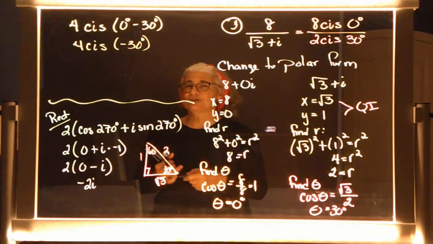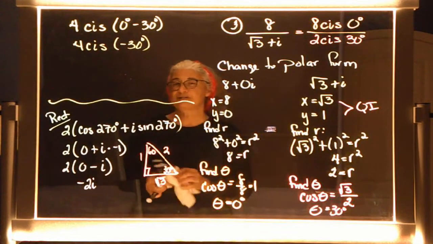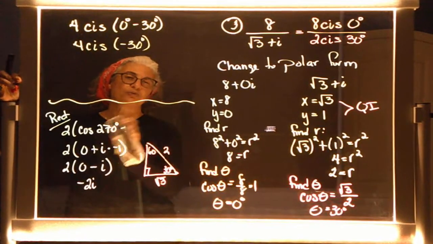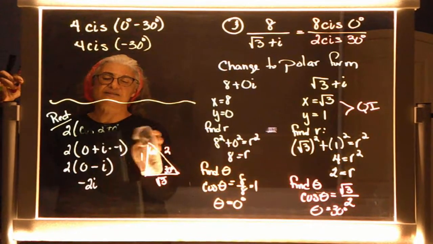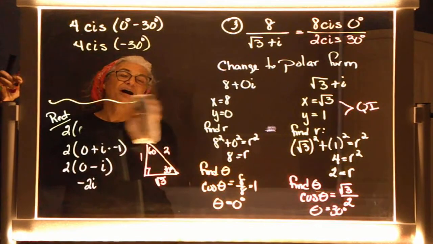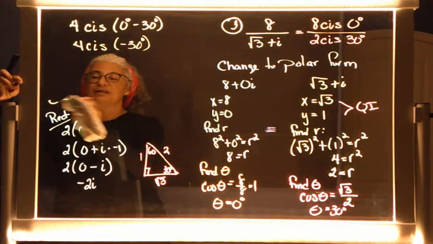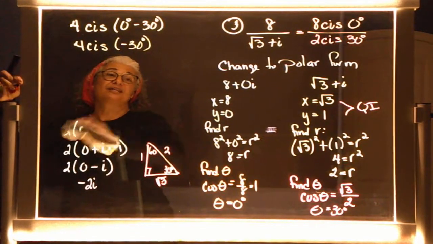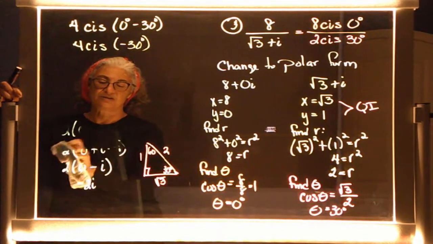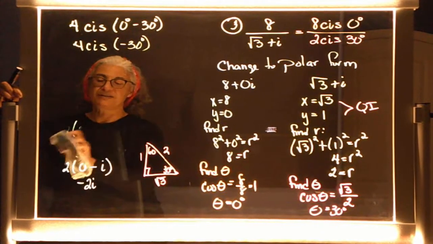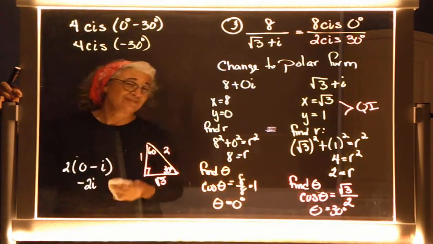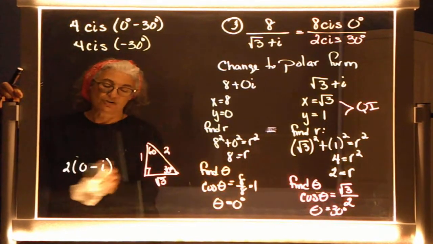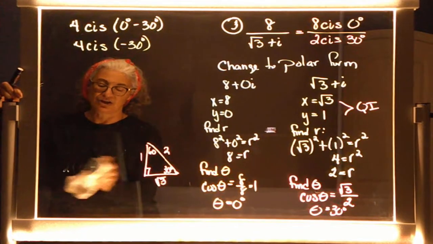Well, that's not so good, because if you remember, the directions said they wanted the angle between 0 and 360 degrees, which means a positive angle measurement. We have a negative angle measurement. If they want the answer in polar form, can I leave it with the negative angle considering the directions? Nope, I cannot. Not allowed.